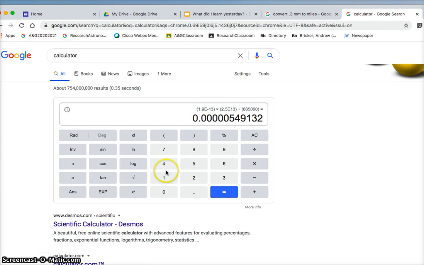So let's just do that again. 1.9 exponent negative 7 times 2.5 exponent 13 divided by parentheses 865,000 parentheses, and we get 5.49 miles. That was the answer we got. So that's how you do it. I hope that helped a little bit on how to use this calculator.